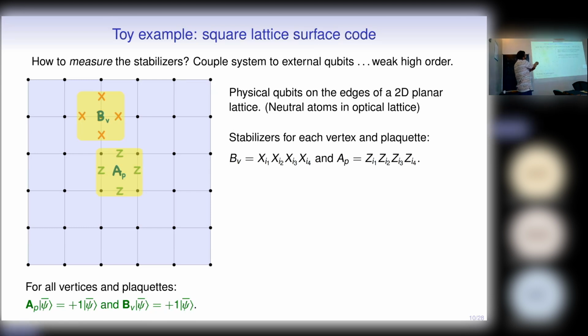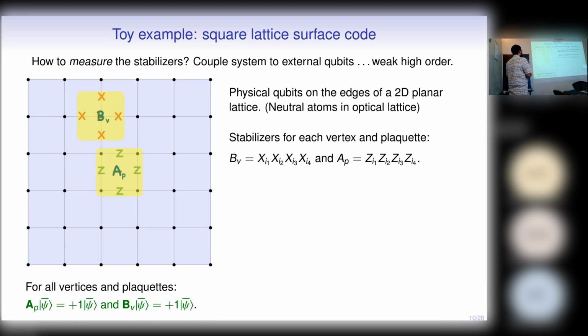And you'll see that any vertex and any plaquette share an even number of edges. There'll be an even number of anti-commutations, which means all of these operators, one for each vertex and one for each plaquette, can potentially have a common eigenspace.